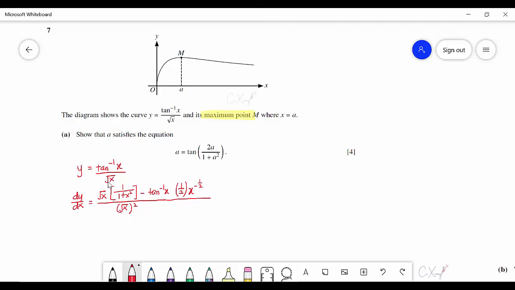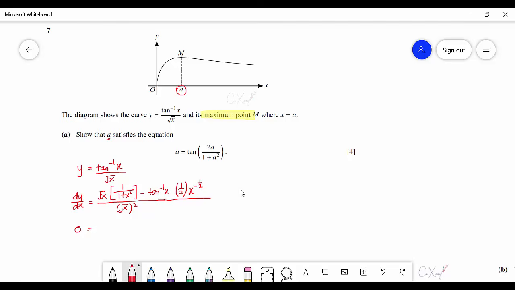Then you want to find the x-coordinate for M, and they want to show that A satisfies this equation. So when you want to find the maximum point, you let dy dx equals 0. From there you will have A inside the x here. If I let dy dx equals 0, then square root x squared, when I move it up, it will become nothing.